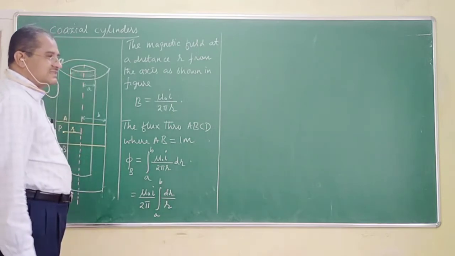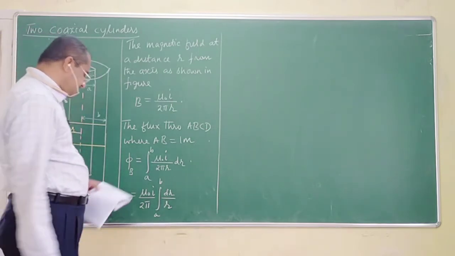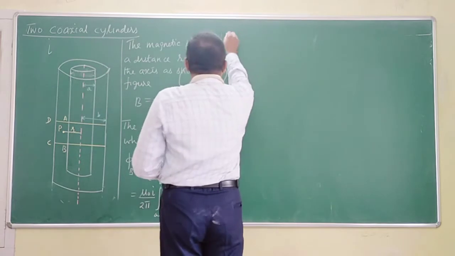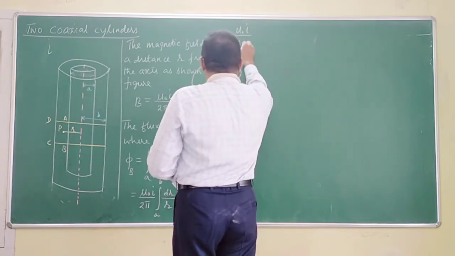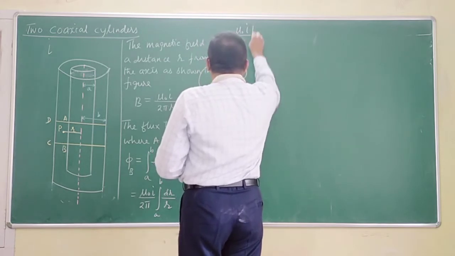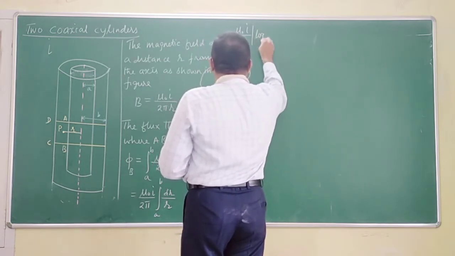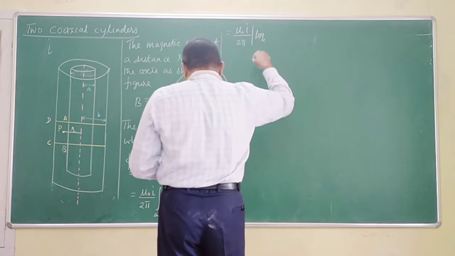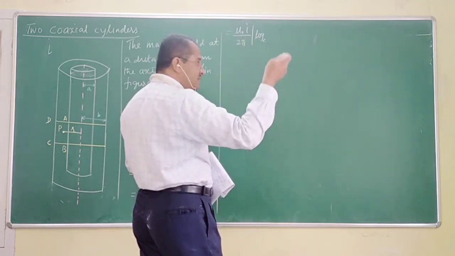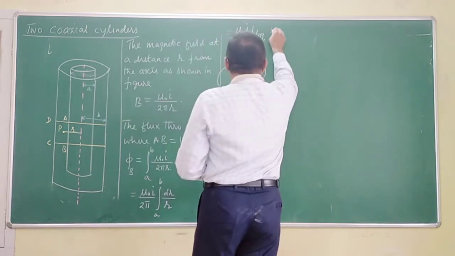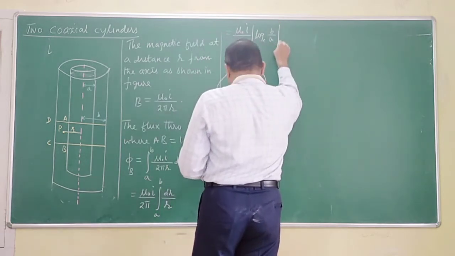Integral of dx by x is log x. Therefore, I get this as mu naught I by 2 pi into log to the base e, upper limit by lower limit. Upper limit is b minus lower limit a, and therefore I write it as b by a.